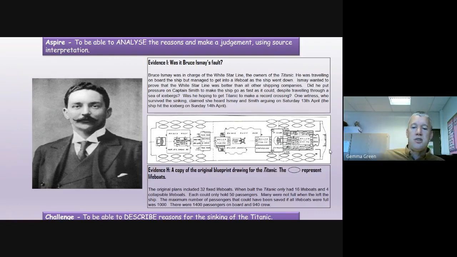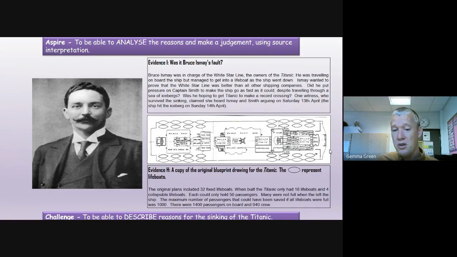Each could only hold 50 passengers. And when they started to disembark, if you've seen the movie, you'll get a feel for that. As they started to disembark once it had struck the iceberg, many were not full when they left the ship. The maximum number of passengers that could have been saved if all the lifeboats were full was 1,000.